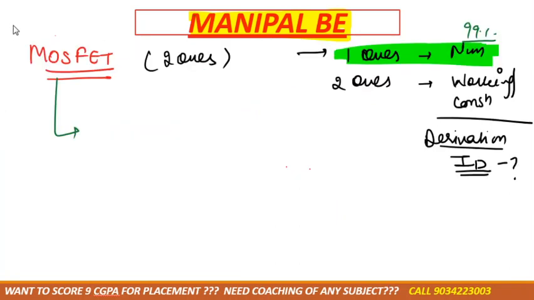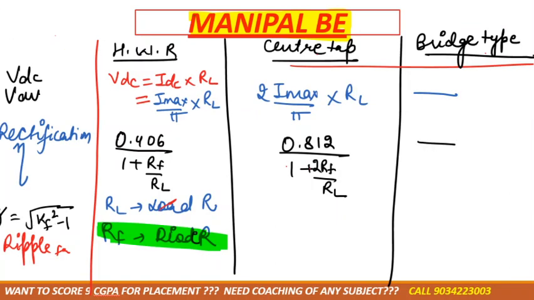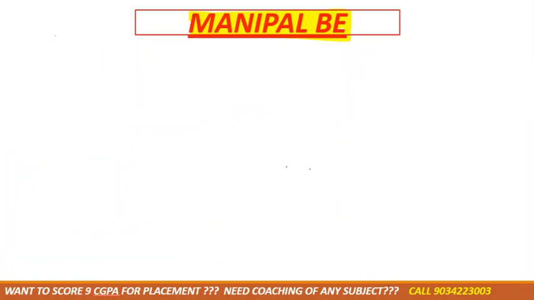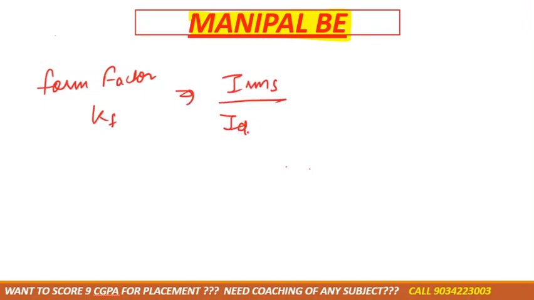For that you should know the form factor also. Form factor is denoted by kf and its formula is IRMS by IDC, for all the cases, either half wave rectifier or full wave rectifier.